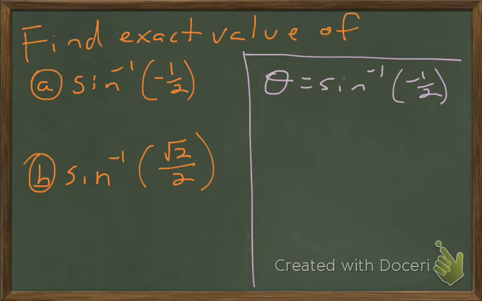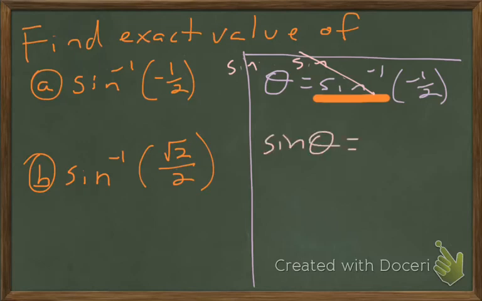We don't like this sine inverse; we want to get rid of that. So we multiply by sine on both the left side and the right side, because the sine and sine inverse actually kill each other off. So we are left with sine theta equaling negative 1/2.